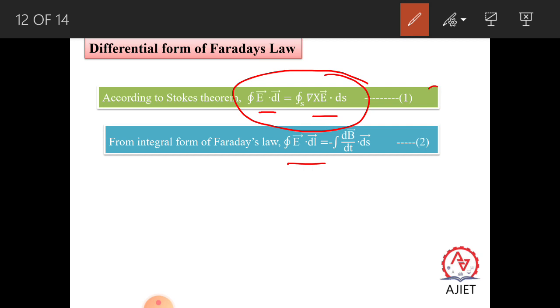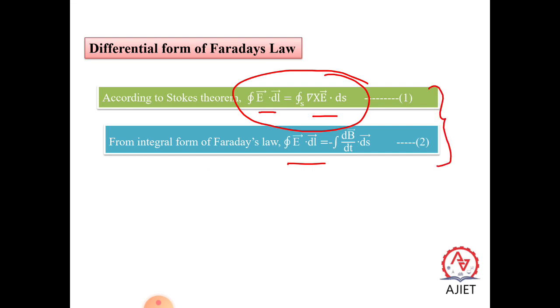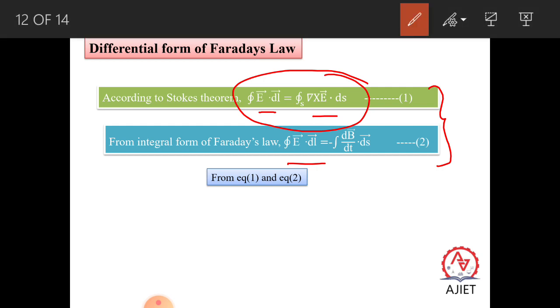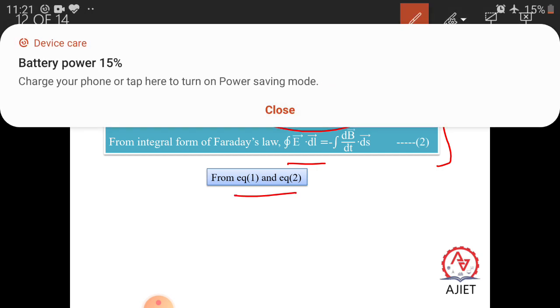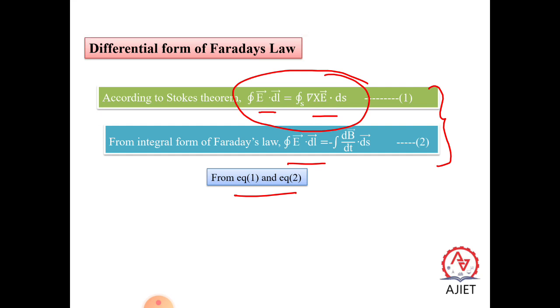So we can equate 1 and 2 both. From equations 1 and 2, we can see that the integral of del cross E into ds is equal to minus the integral of dB by dt into ds.